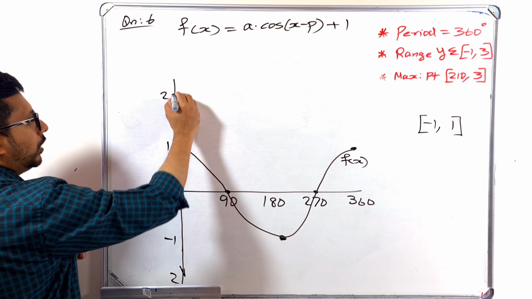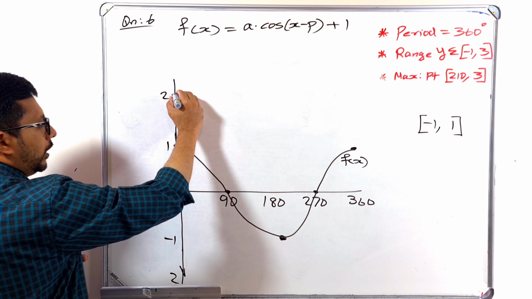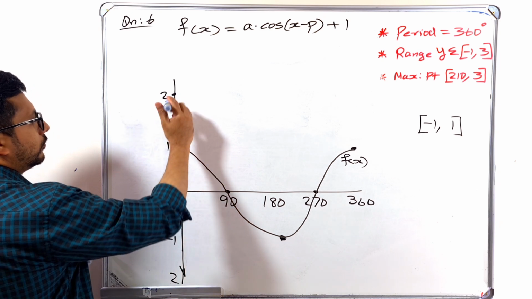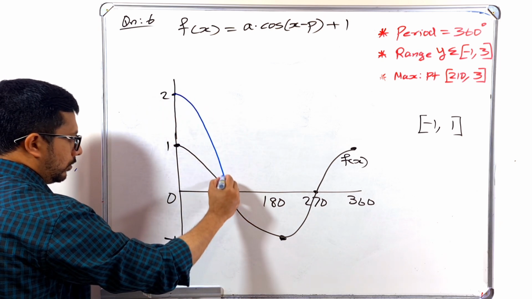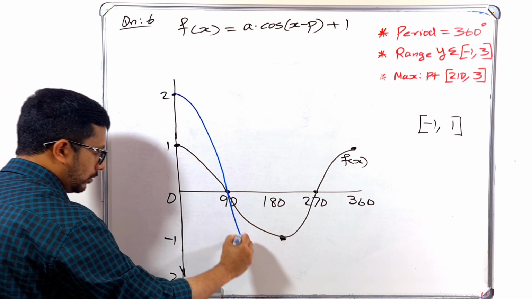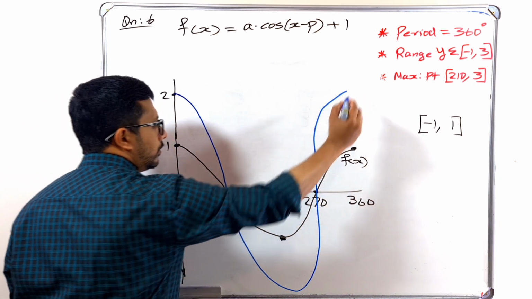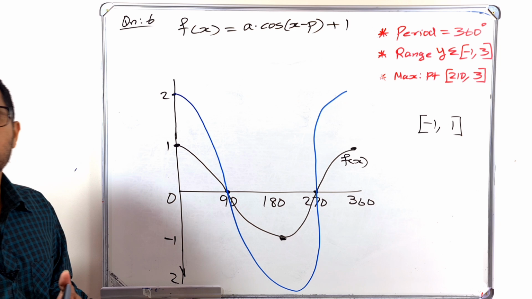This is 2, and the 2 cos x graph is going to be like this.